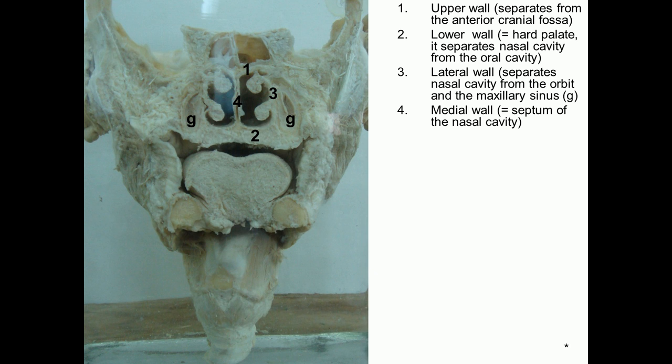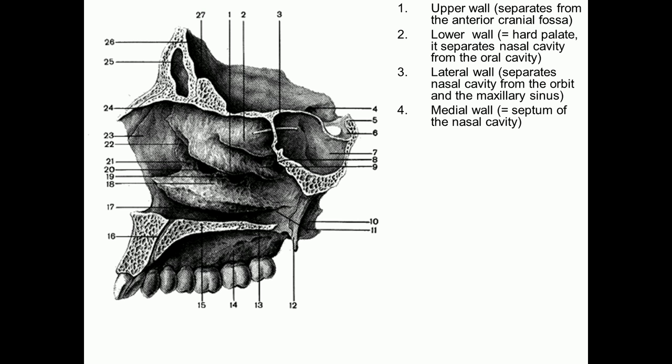there are also two other walls, but we can't demonstrate them on this picture. Why? Because they are anterior and posterior to this plane, so we need to use another picture. So here it is, part of the bony nasal cavity, and I use this red line to demonstrate the back wall.